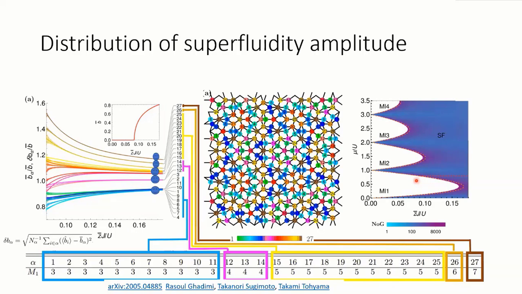So I slightly changed the J for this line. Actually, I investigated all of the line, because here we know that in the Bose-Hubbard model, the peak of this Mott dome has a different universality class, but we cannot resolve this in the mean field equation.